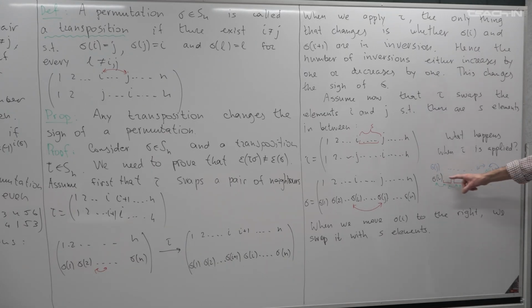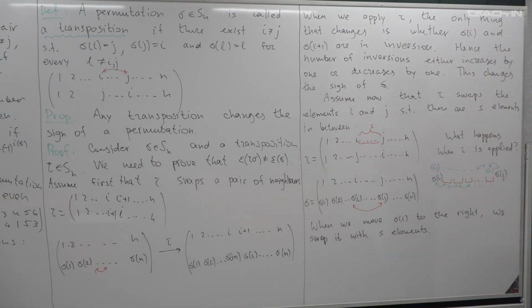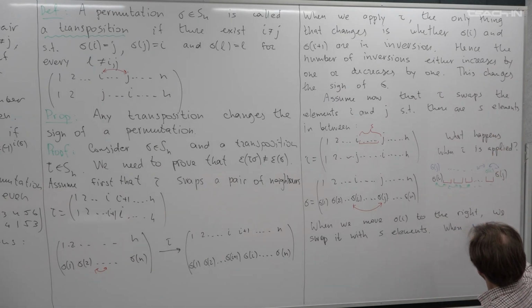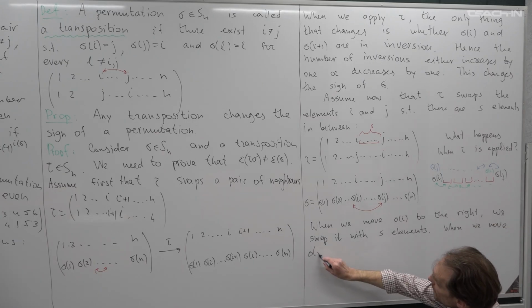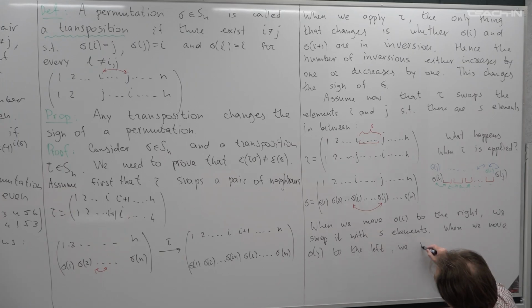So we swap it with all these red elements, so we have S red elements there, and we swap sigma of j with sigma of I, which is now here. So this means that we make another S plus 1 swaps when we move sigma of j to the left. We make S plus 1 swaps.